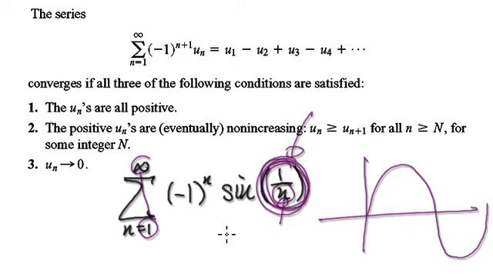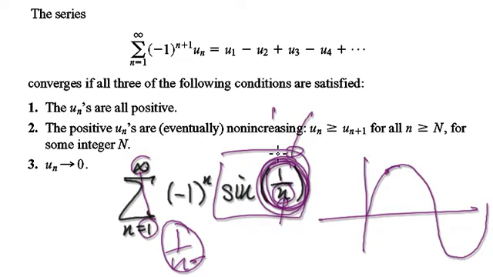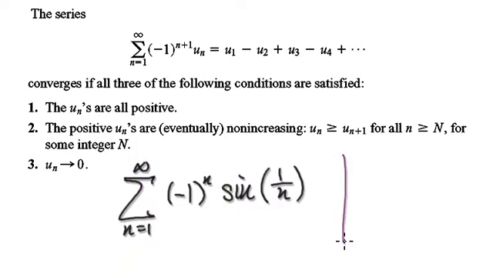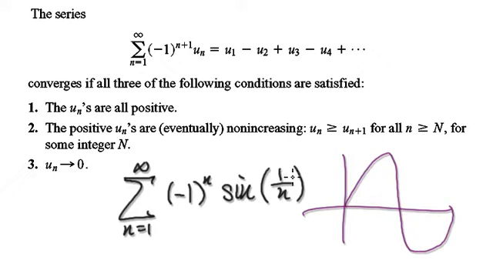It will never get to 0, because as n gets bigger and bigger, 1 over n just gets smaller and smaller. So you're always hovering above 0, heading towards 0. Sine looks like this, but the bubble here is heading towards 0 and never gets there.